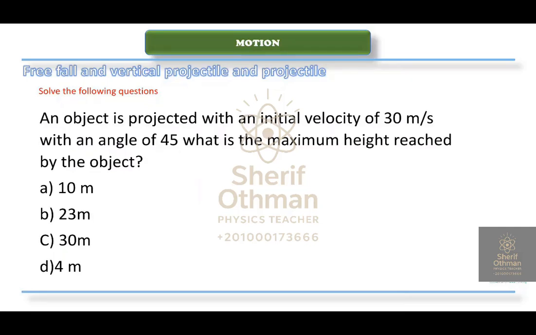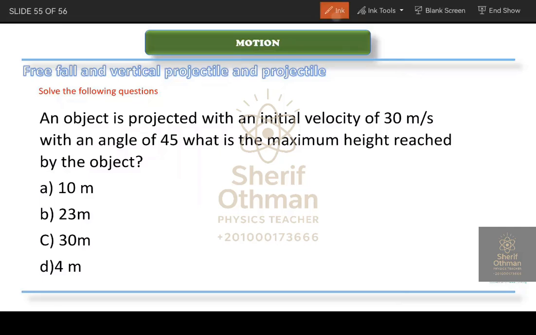An object is projected with an initial velocity of 30 meters per second at an angle of 45. What is the maximum height reached? So here is the Vi, and here is theta. The first step is to find Viy.